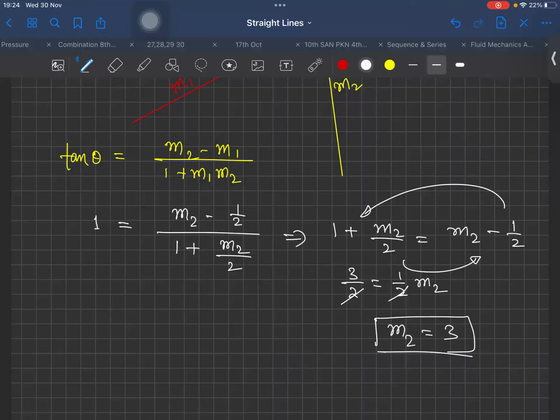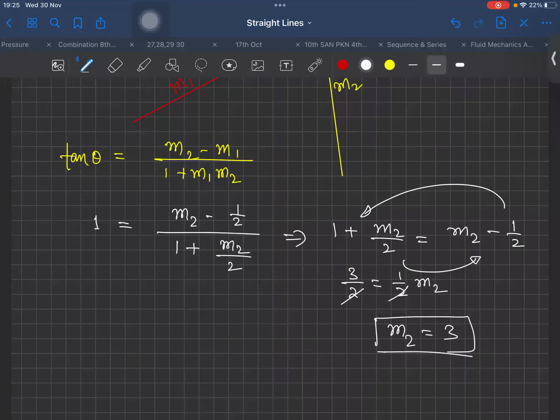Guys, those who are online, you can tell me if I have made a mistake. Solve it. Correct? I know this. Okay.